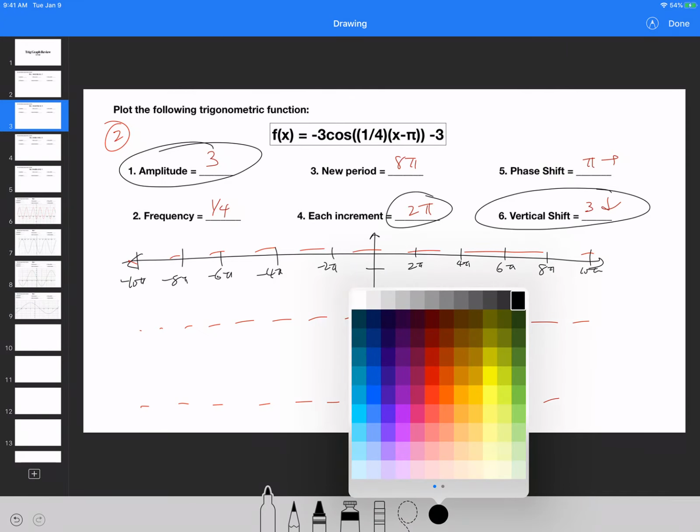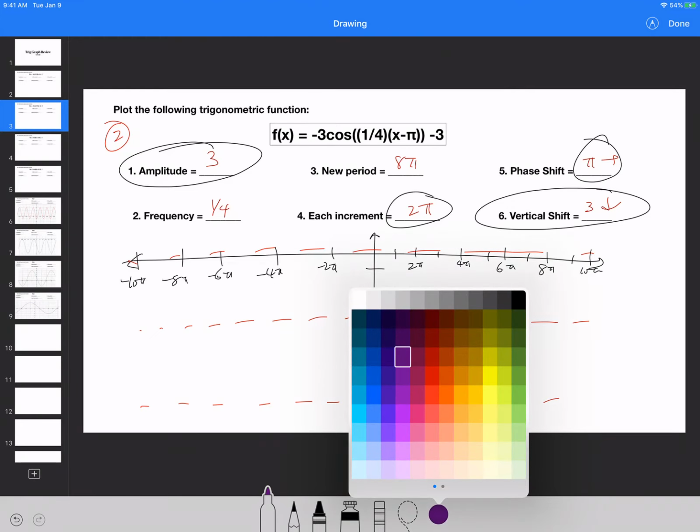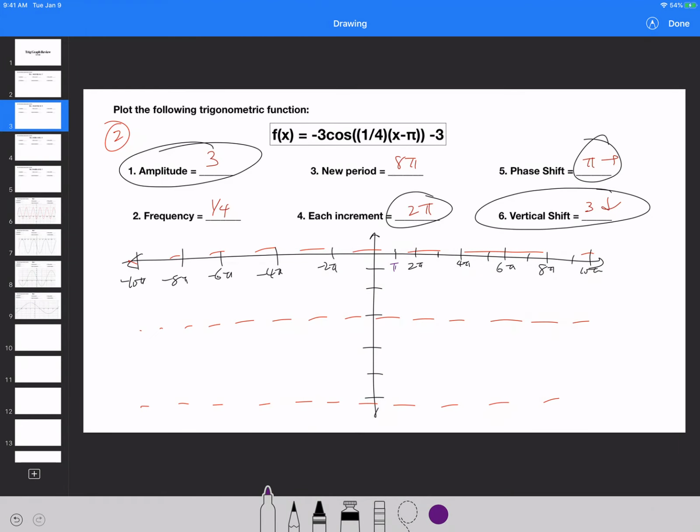Okay, so at this particular point, the pi units to the right means it's actually halfway. If I were to draw them, that would be the 1 pi, 3 pi, 5 pi, 7 pi, and you get the idea. The reason why we want to do that is because at that particular location, which is at pi, that's where the negative cosine will start to happen.